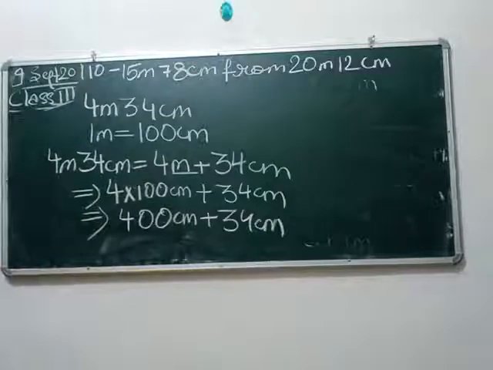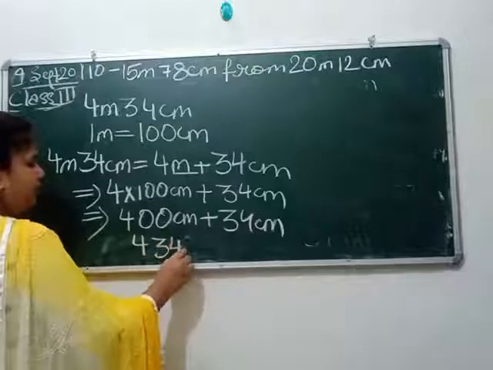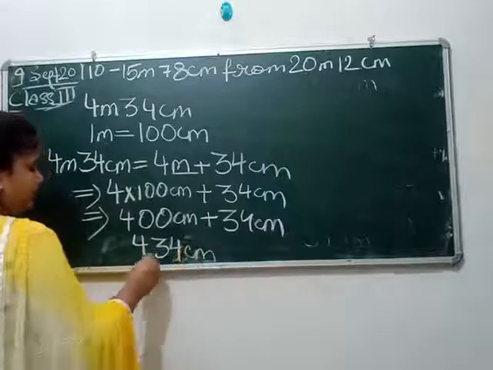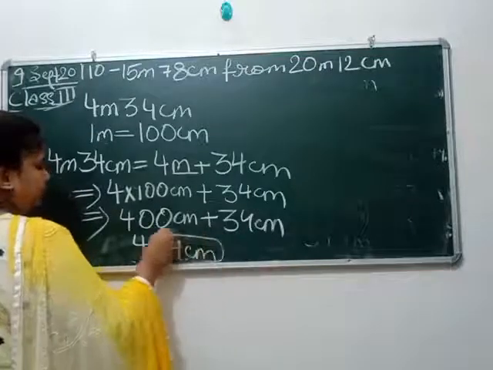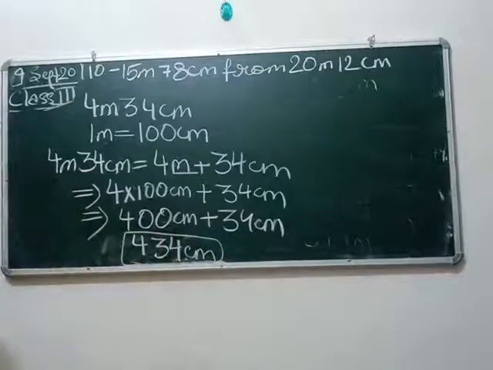Now 400 centimeter plus 34 centimeter will give us 434 centimeter. Okay, this is our answer for this question.